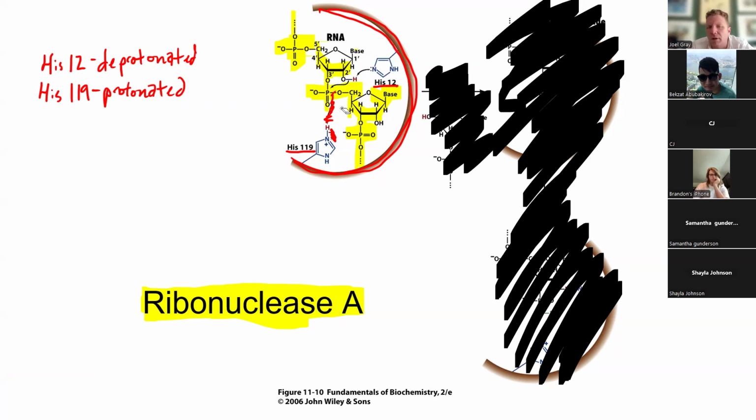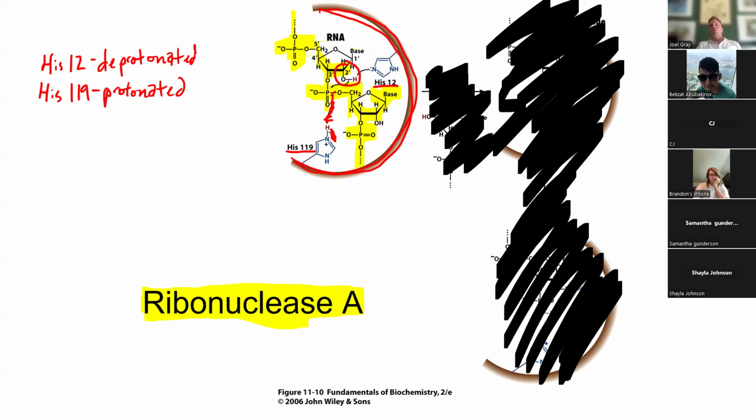Histidine 12, as a deprotonated residue, is running over to the 2' hydroxide group, and it's saying, well, I need that proton.